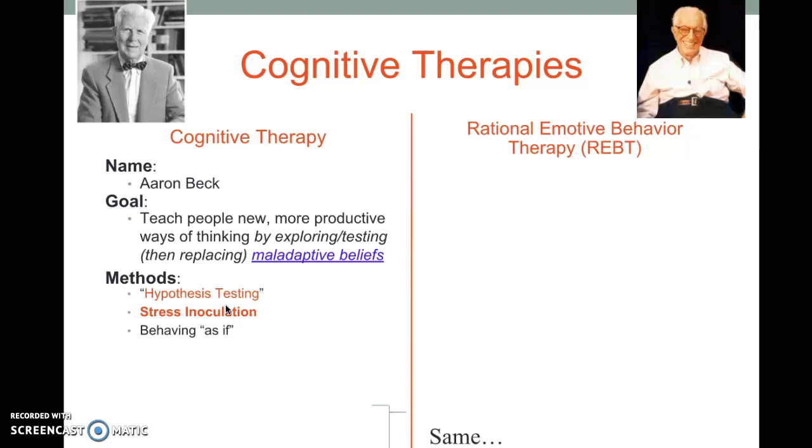Another strategy that cognitive therapists frequently make use of is asking the person to behave and think as if the thing that they want to be true was. So if they're depressed, ask them to think about and very purposefully envision what it would be like to be non-depressed. Like you'd probably get out of bed earlier in the day. You might keep that appointment that you had made with a friend.